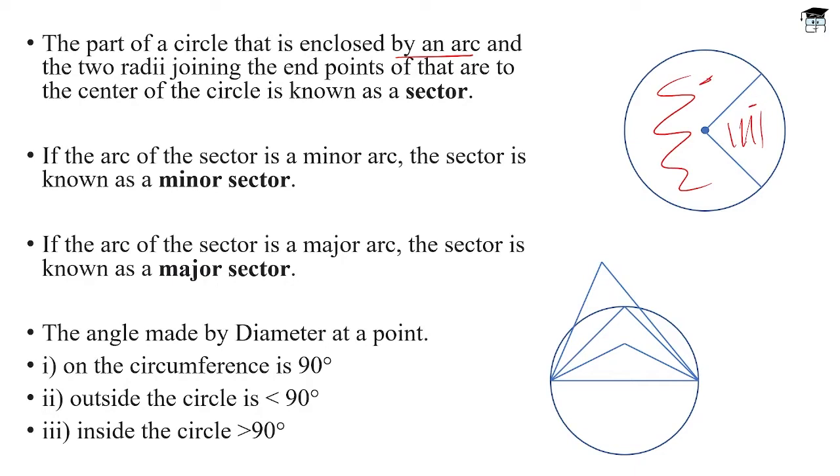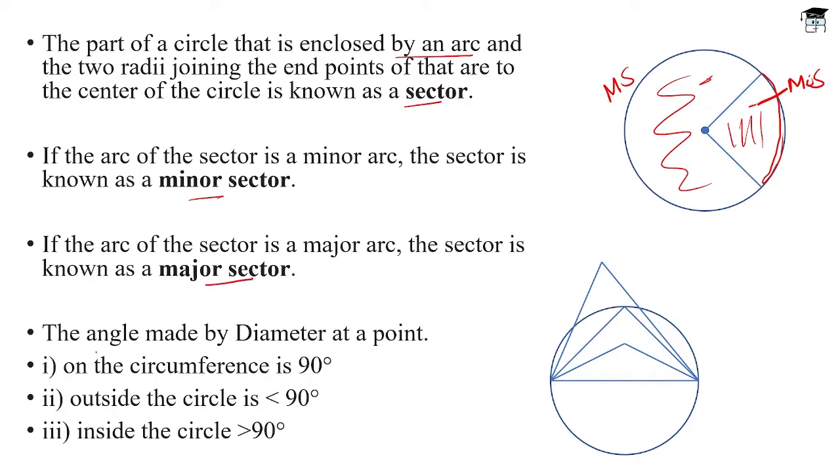Now, if the arc of the sector is a minor arc, the smaller one, the sector will be called a minor sector. And if the arc is a major arc, then the sector is the major sector. I hope these three are clear.